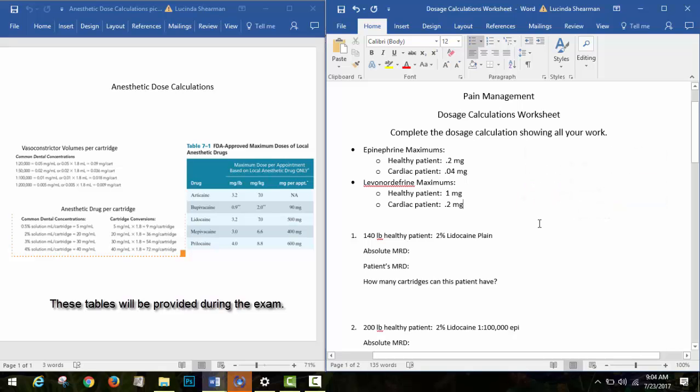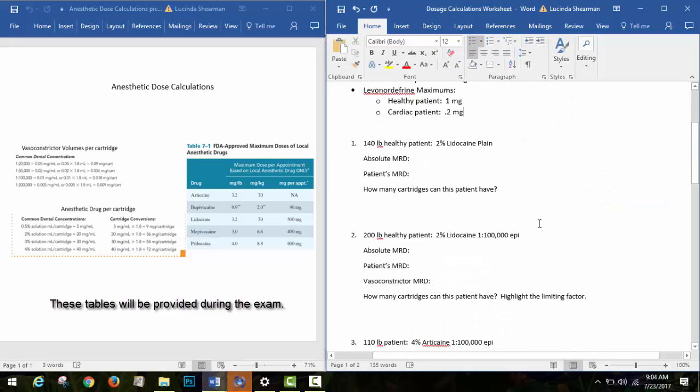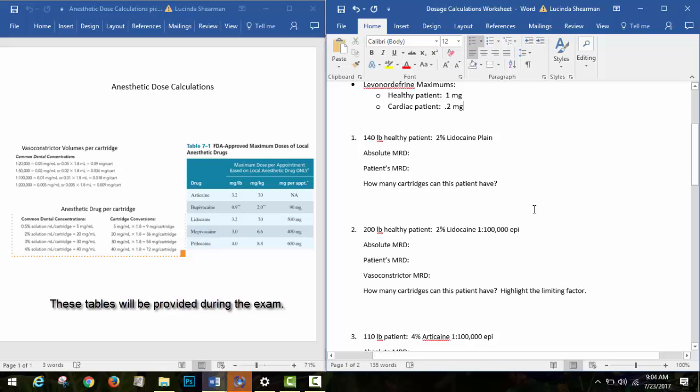So let's begin with our first scenario. A 140-pound healthy patient who will be getting 2% lidocaine plain, meaning there is no vasoconstrictor in it. Looking at your MRDs in table 7.1, the absolute MRD for lidocaine is 500 milligrams.